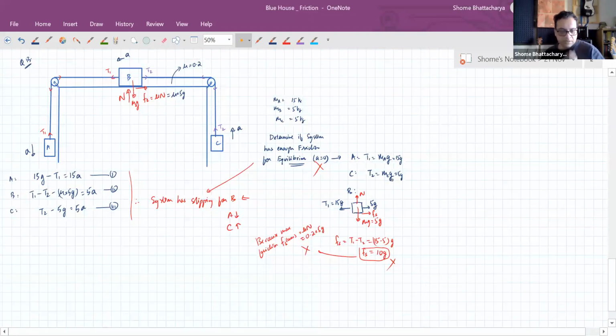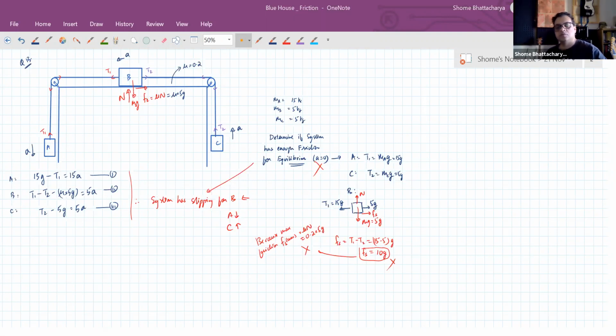Okay, so 13th is done. Let's move on to 14th. So coefficient of friction between the road and the tires of a vehicle is 4/3.